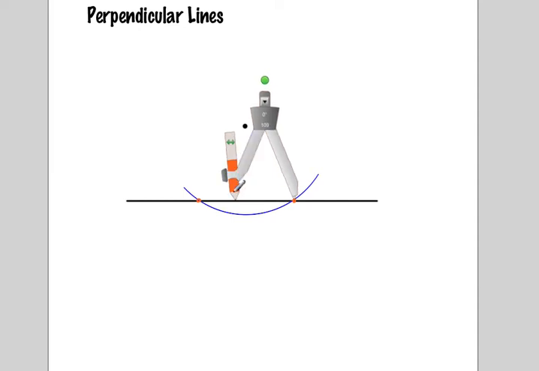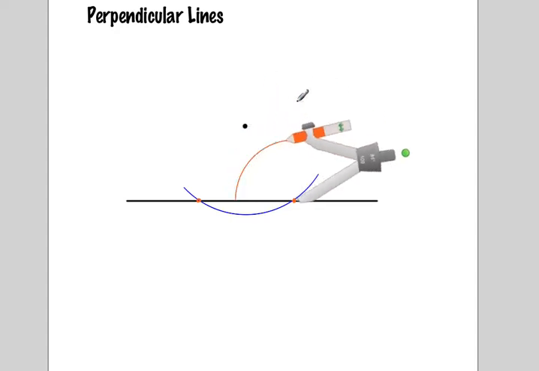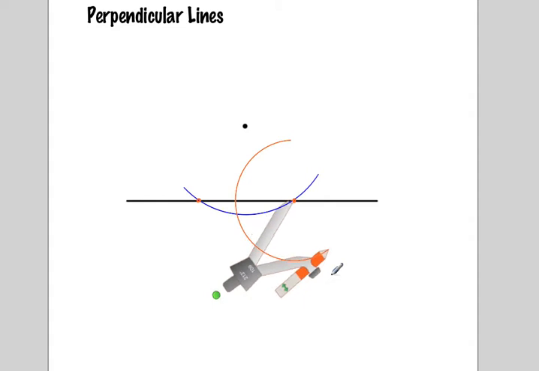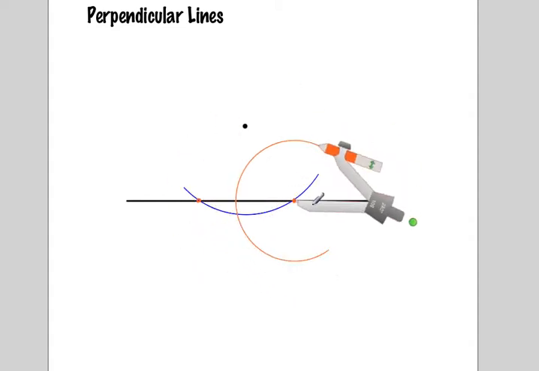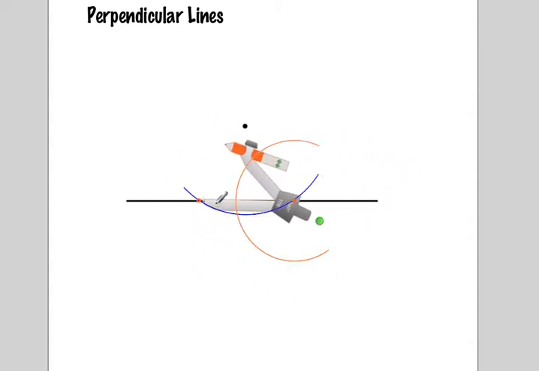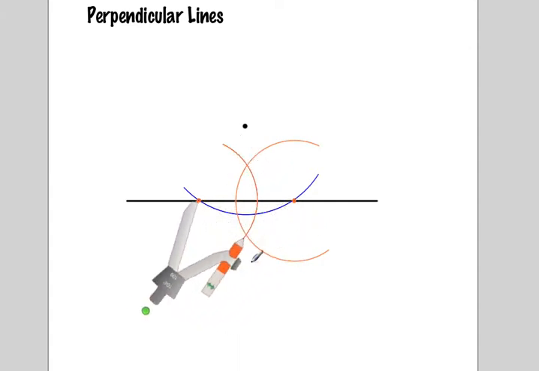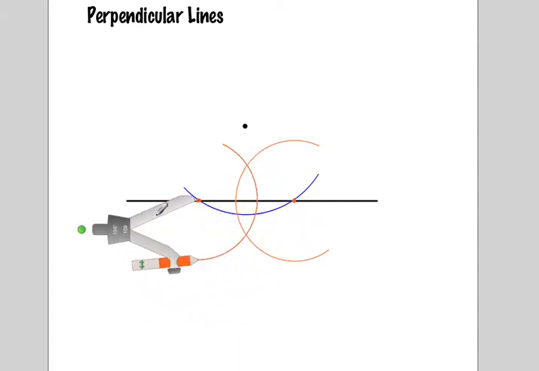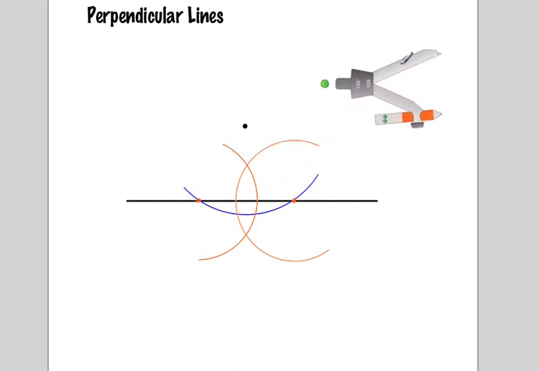And then you'll sweep through. You can either have an arc above and below and then find where they cross, but I like to just make a really big arc. And then I bring my compass to the other intersection that the first arc made, that blue arc, and then we cross through. I always describe this looking like plankton from SpongeBob.